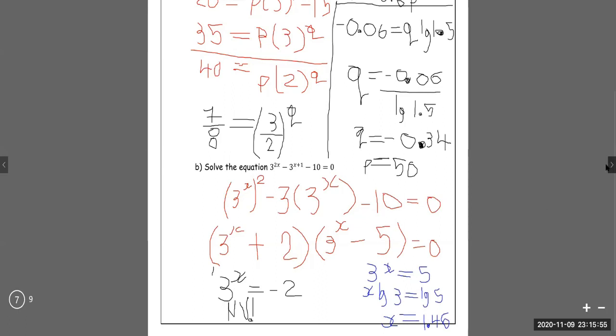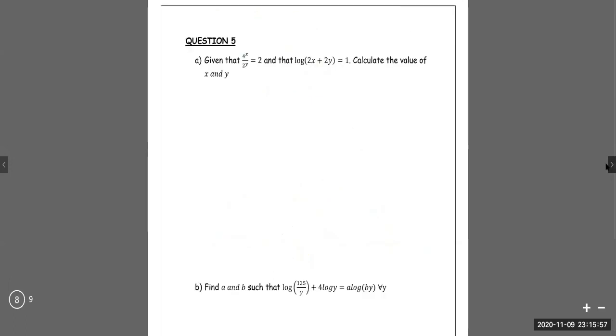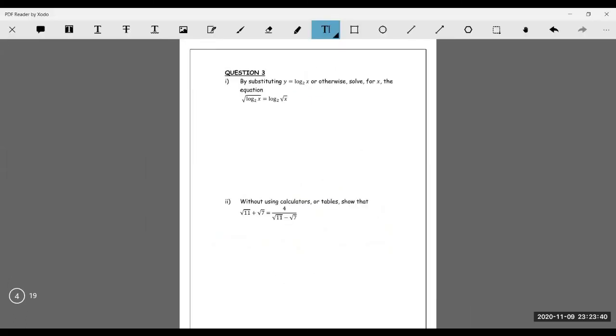Although we are not yet on any surds questions, let's see if we see a surd. Root y is equal to log base 2 of root x.